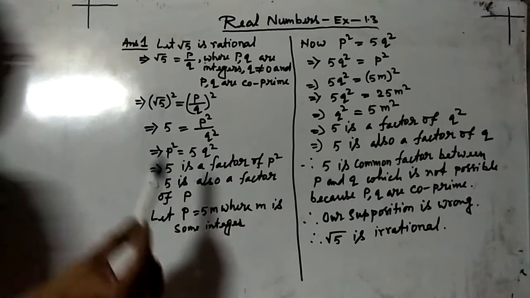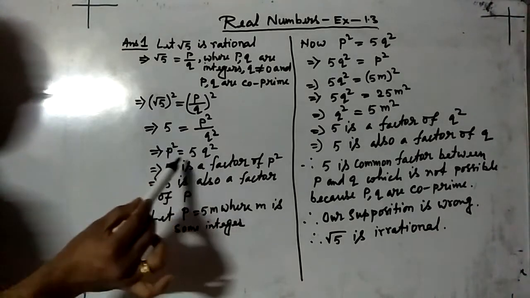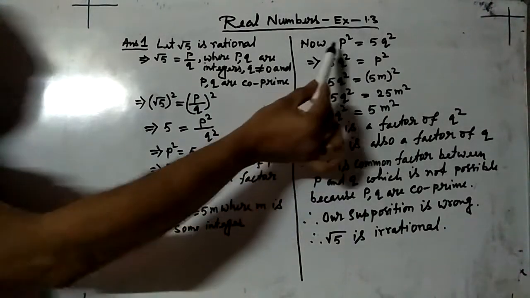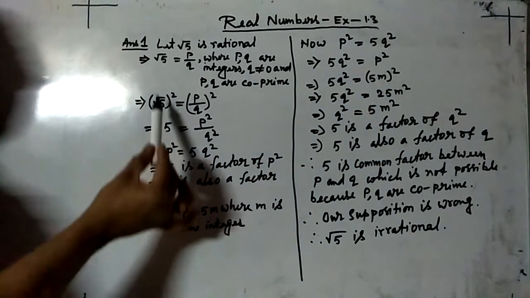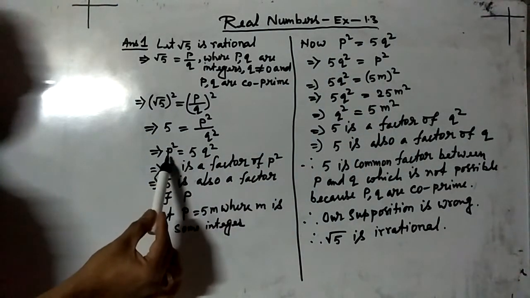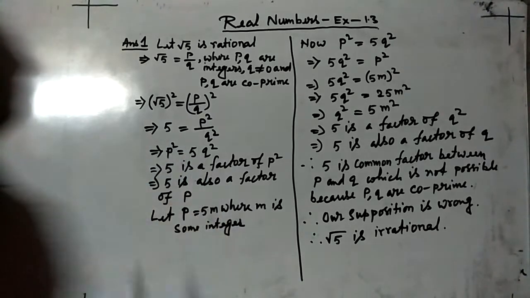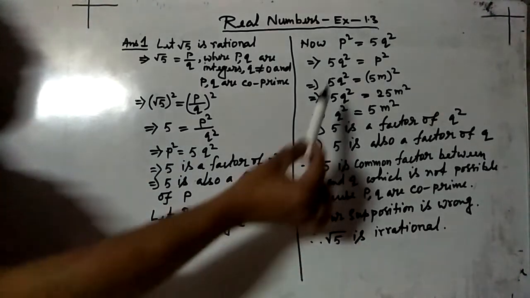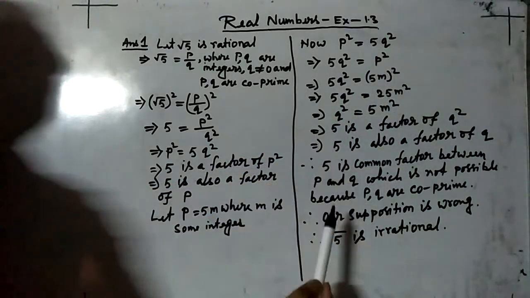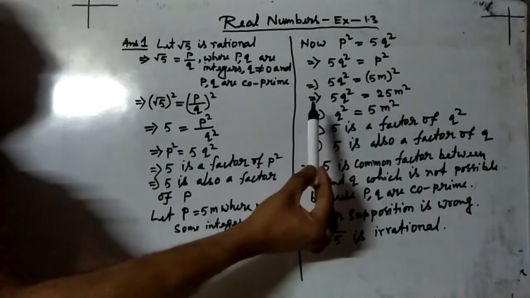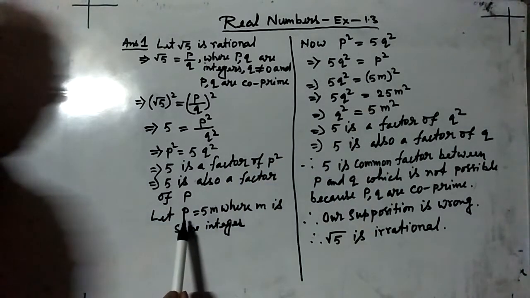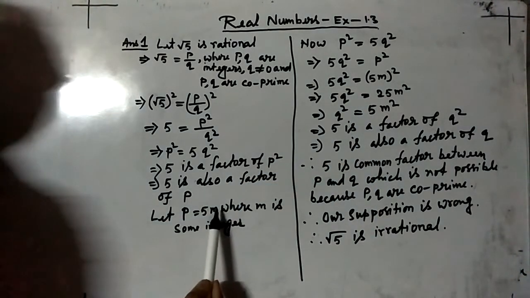Okay. Now in this step we will consider p square equals 5q square. Any one you can consider, but it is better to consider p square equals 5q square. If p square equals 5q square, then we can write 5q square equals p square. Now the value of p we have considered here is 5m.